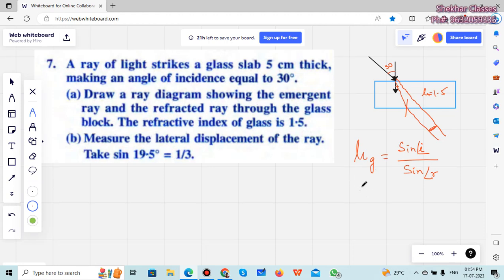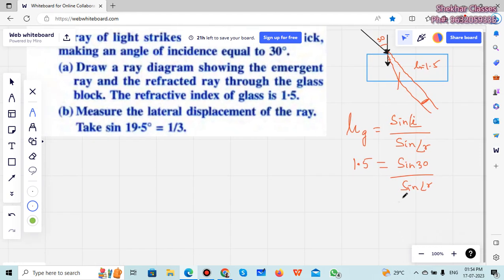So I'll take it as 1.5 is equal to sine I, so sine of 30 degrees, upon sine of angle R. We do not know. So if you solve it, what do you get? So 1.5, basically it is 3/2, is equal to 1/2 divided by sine of R.